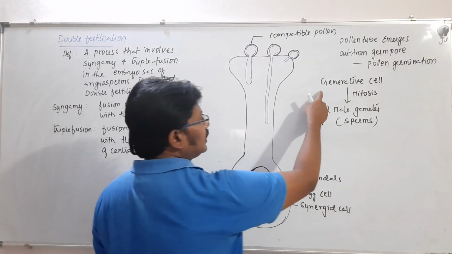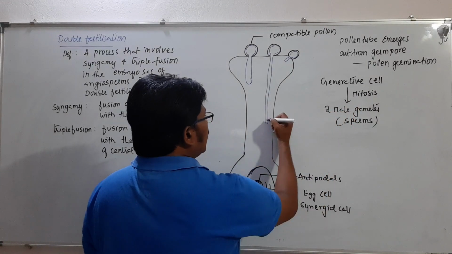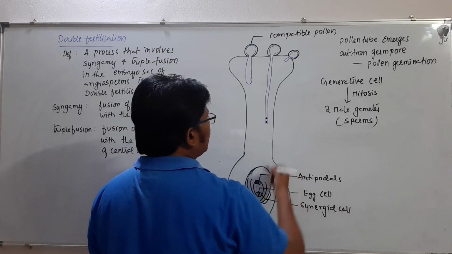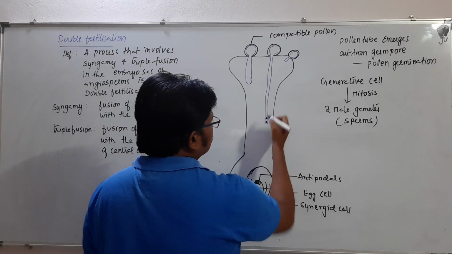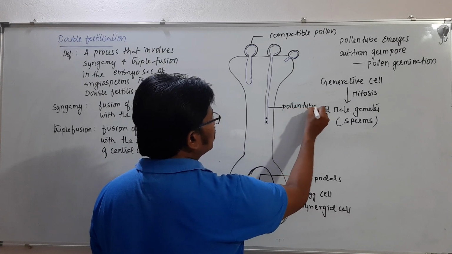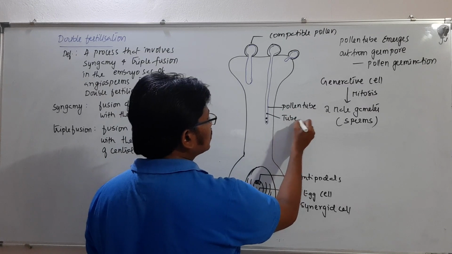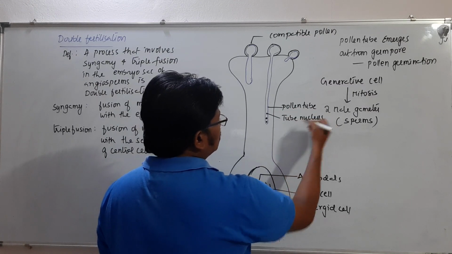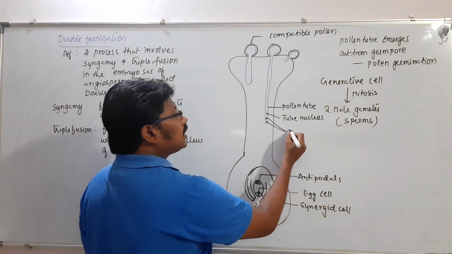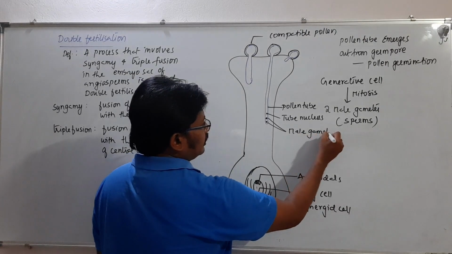The generative cell undergoes mitosis and produces two male gametes, and you may have here the two male gametes, and this is the pollen tube, and you may find even the tube nucleus. So this is the tube nucleus, and you may see here these two are the male gametes.